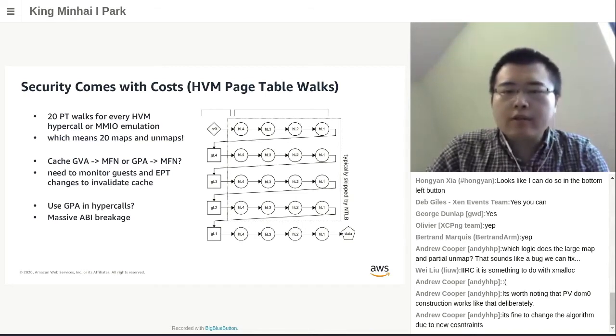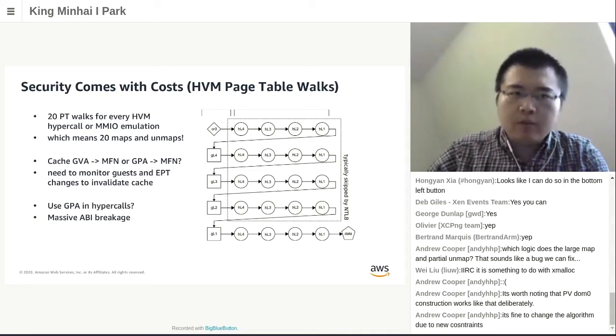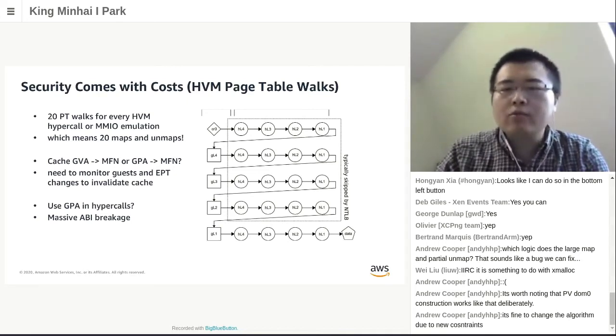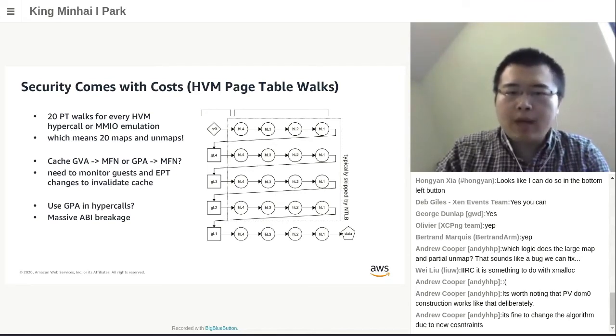In the worst case, it means we have to do a 2-level page table walk, which in the worst case can cost you 20 page table walks, which, if you miss all the time in the map cache, means 20 maps on our maps. This is actually really, really bad. In the worst case, if you miss all the time, it can cost you a lot of latency and extra mapping on mapping.